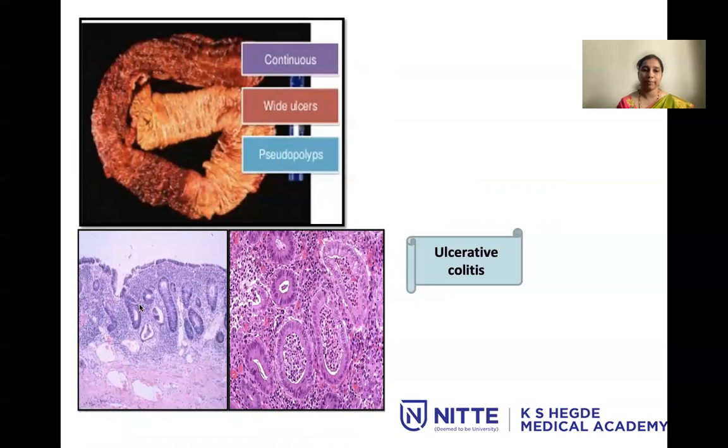The inflammation is seen only in mucosa and submucosa, and you can see aggregates of neutrophils in the lumen called crypt abscess, and also crypts are infiltrated by neutrophils, which is called cryptitis. So here the inflammation is involving only mucosa and submucosa, and there is continuous involvement of the affected bowel.